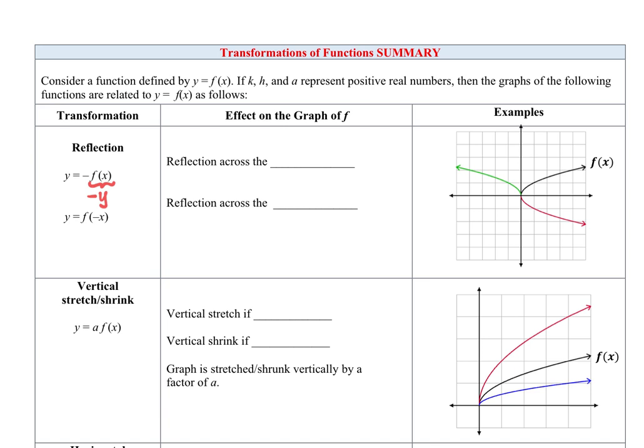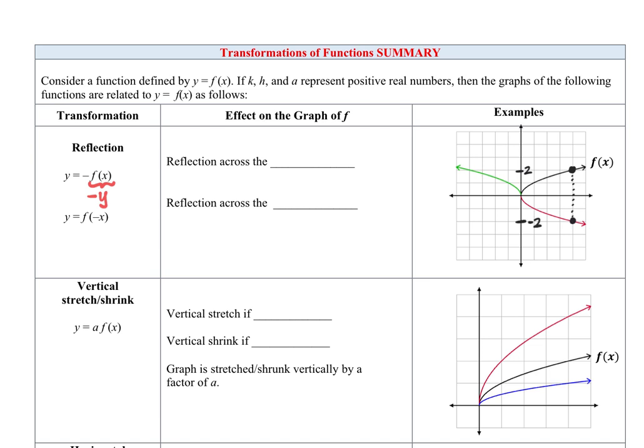So if you take a look at the graph, where the black graph is the function that I've been given, that's my graph f of x. If my y values become negative, so like let's look at this individual point here. Here my y value is +2. So if I multiply that y value by a negative, then that point becomes this point down here because now my y value is -2.